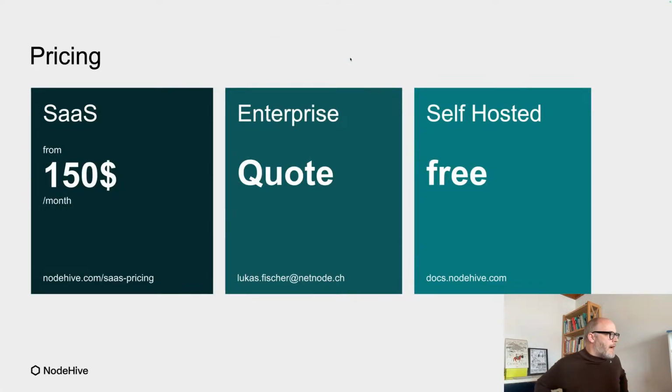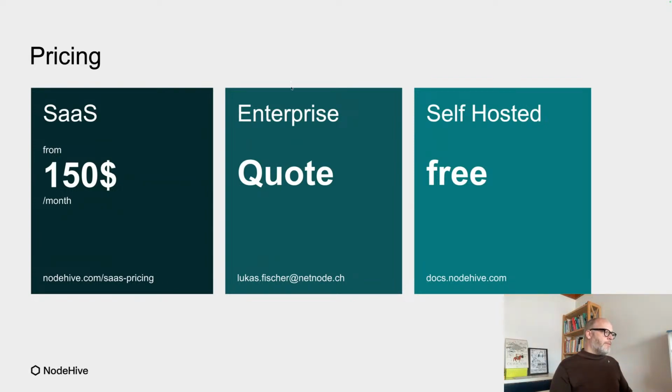Then, pricing. We have several models you can start using NodeHive. We offer a SaaS solution where you can start from $150 a month. You can also calculate the pricing yourself on nodehive.com/SaaS pricing. It's the pricing site on nodehive.com.